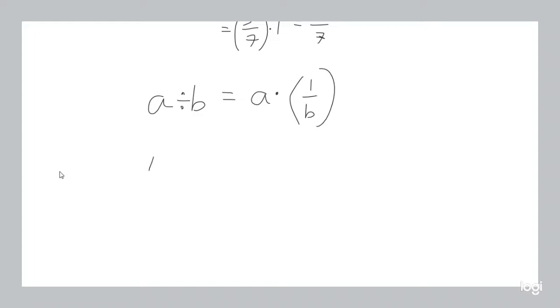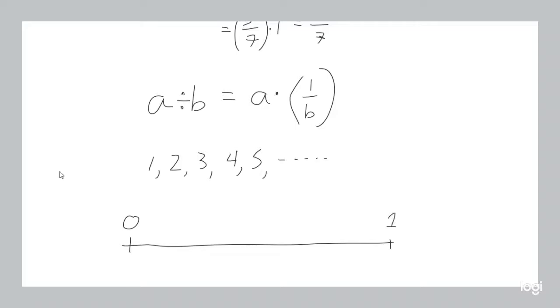We have our whole numbers 1, 2, 3, 4, 5, and so on. But what about something that's less than 1, right? Between 0 on your number line and 1, there could be many, many different numbers. There could be a half. There could be a third.